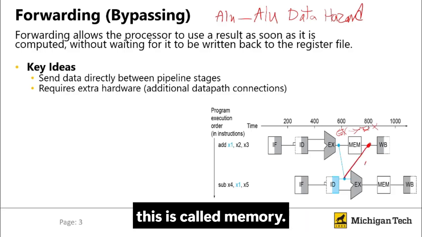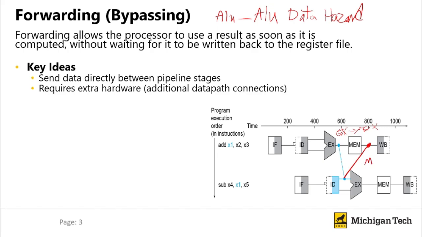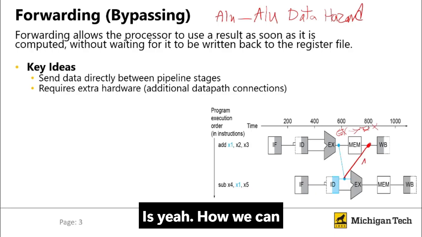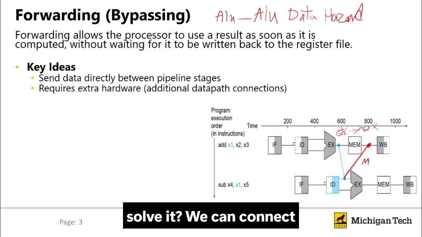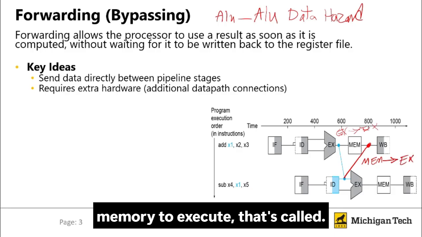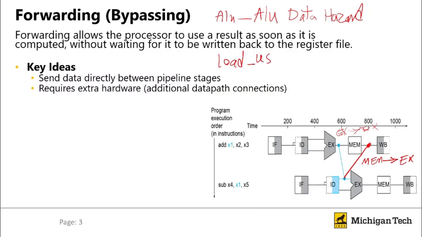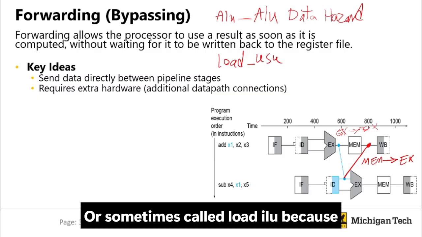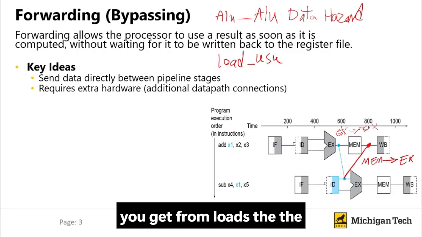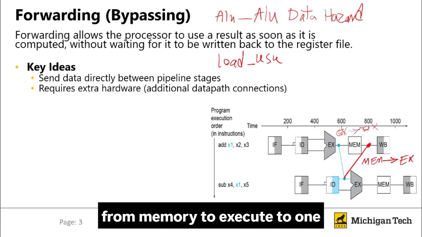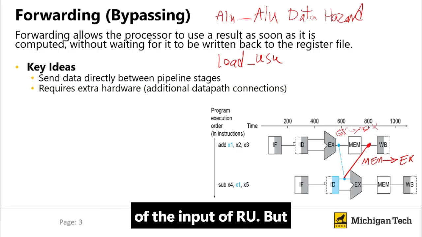How can we solve it? We can connect memory to execute. That's called load use, or sometimes load ALU, because you take the result of the load coming from memory to execute, to one of the inputs of the ALU.